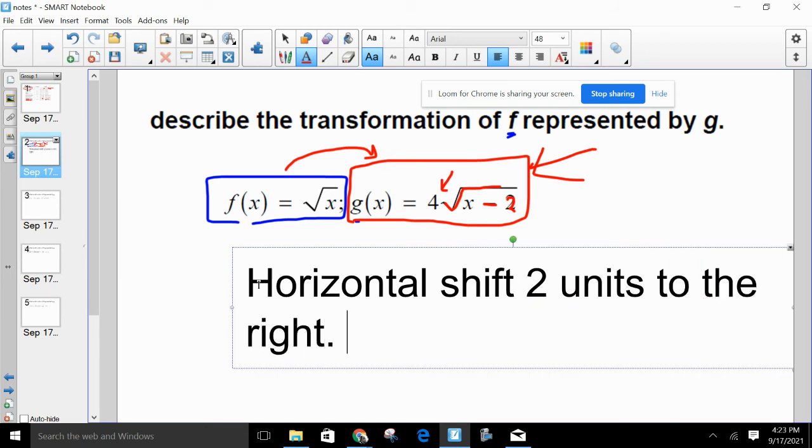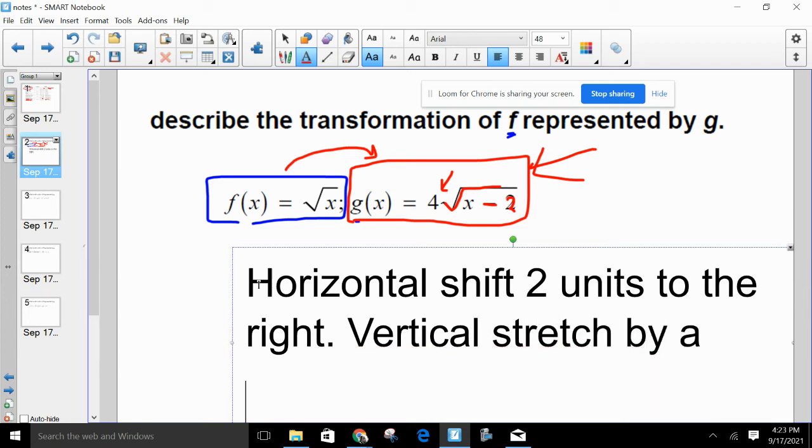Okay, that's one transformation, and it's a vertical stretch by a factor of 4.